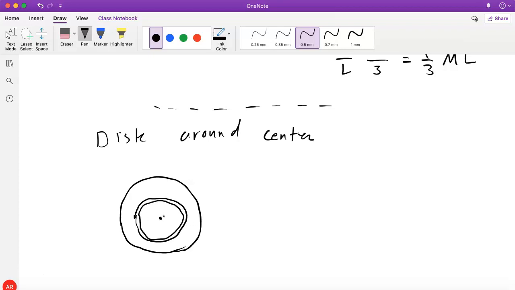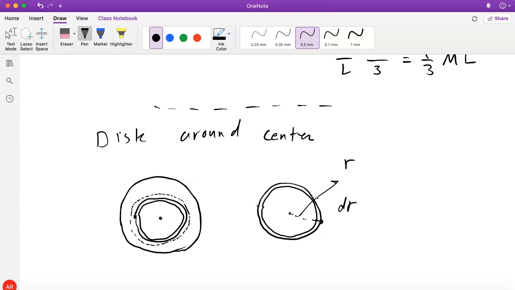So if you break this filled circle into a whole bunch of circular loops, that's another one. All right, so if you look at one of these loops that has a thickness, again, dr, and has radius r.